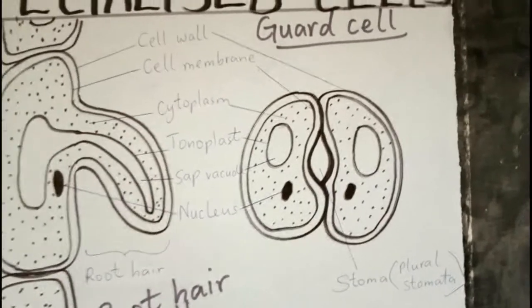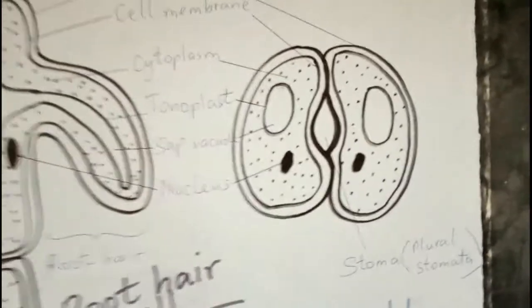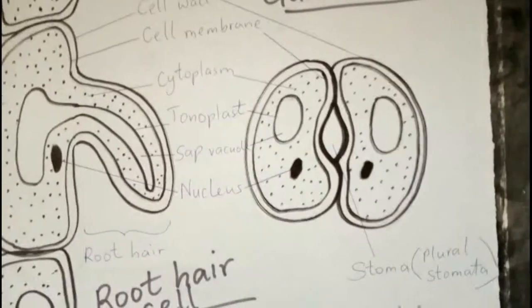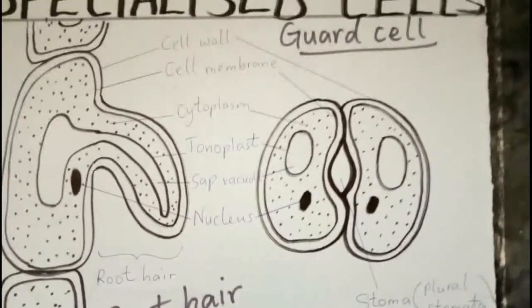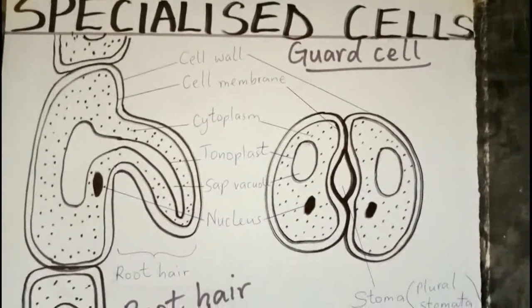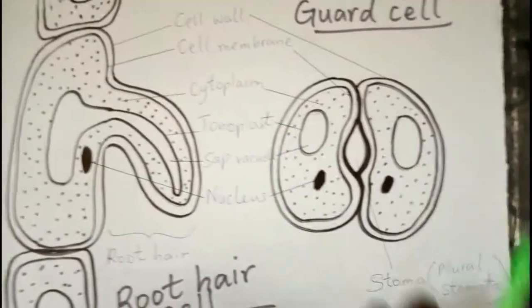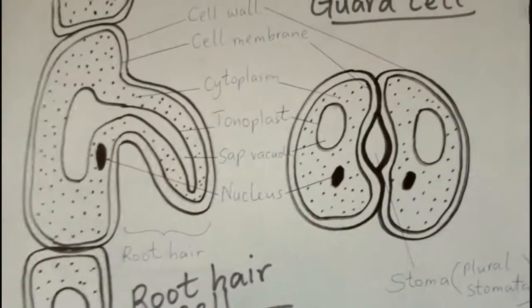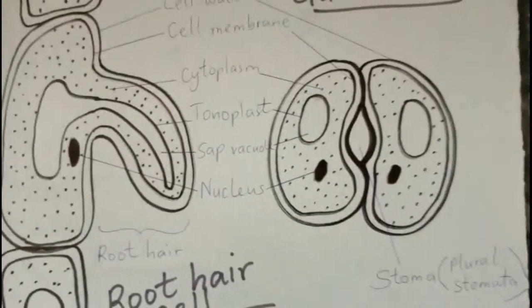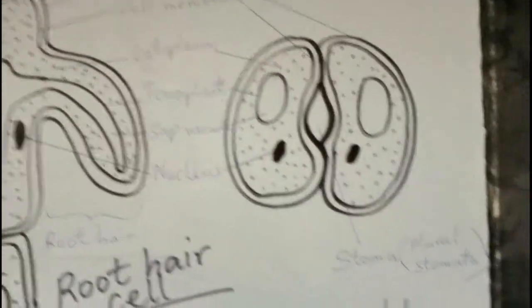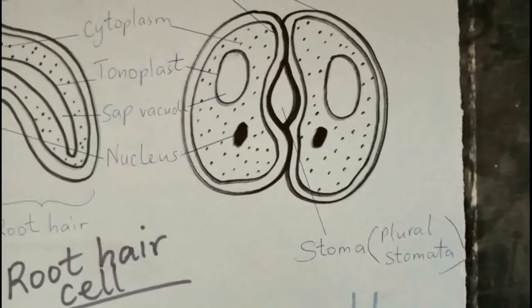We also have the second one, the guard cell. When you look at the guard cell, they always appear to be in pairs. Like in this case, this one now forms a complete guard cell. You can see that they are two in number. The guard cell comprises of this part which makes it unique.